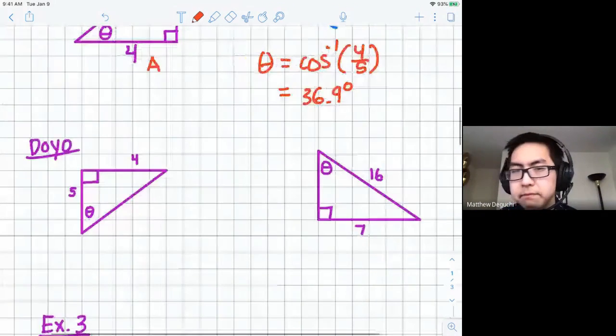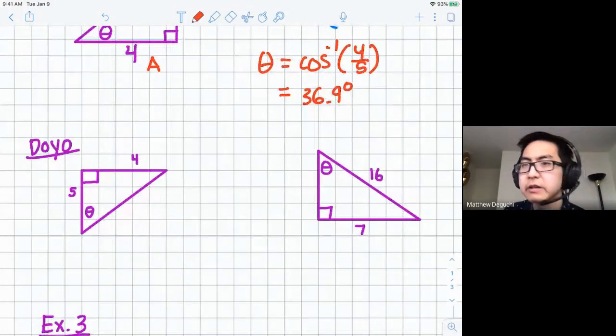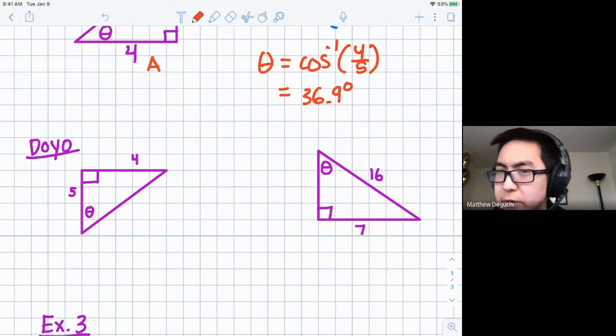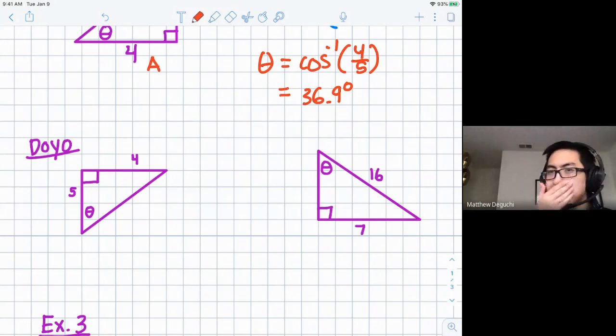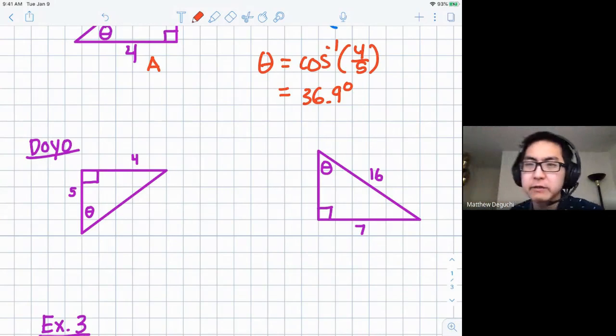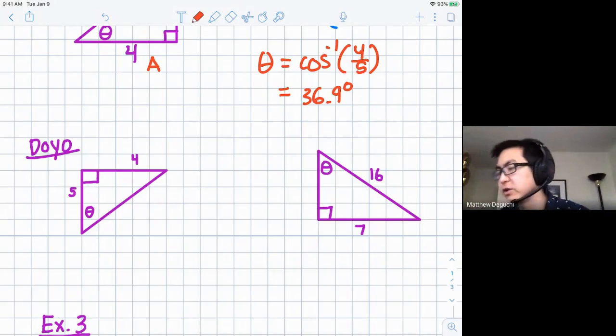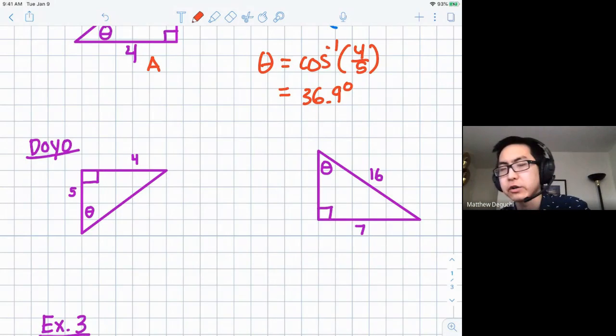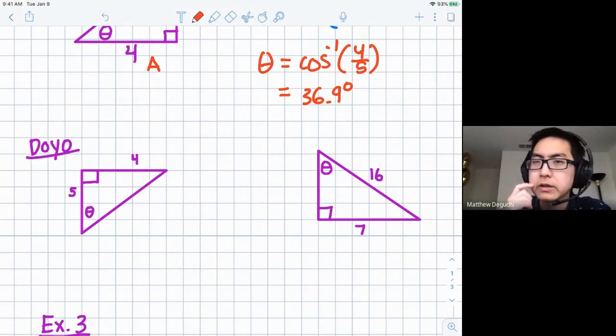Okay, so there's that one. All right, here's a practice problem for you to do. I would certainly try these out. I think this is a good time if you have any questions in terms of how to calculate cosine inverse, tan inverse, or sine inverse on your calculator or phone, because you can certainly calculate this on your phone as well.